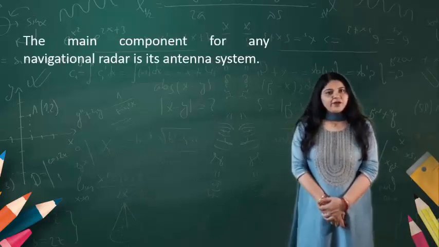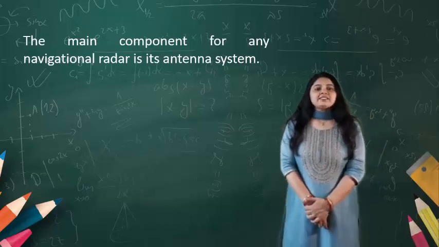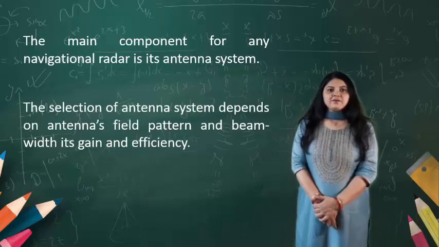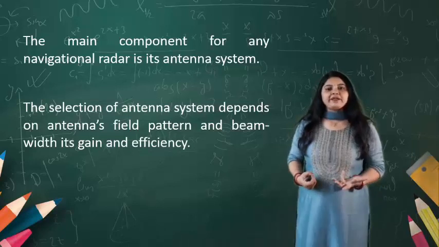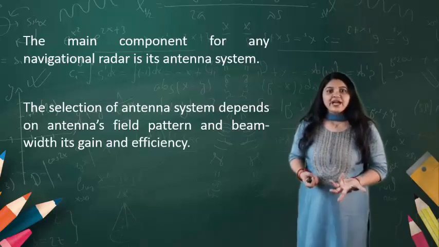The main component required for any navigational radar is its antenna system. The antenna system depends on the antenna field pattern, the beam width, and the efficiency of that antenna.